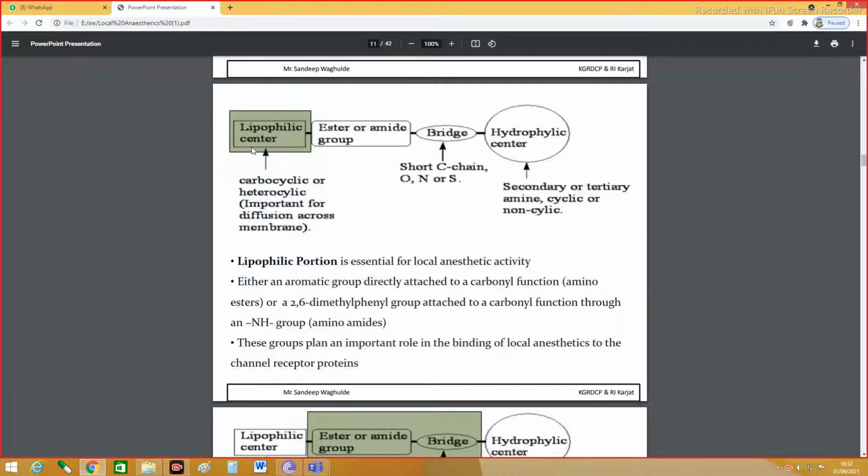The first part is the lipophilic center. As we have already seen, the lipophilic center should be carbocyclic or heterocyclic ring molecules, and it is important for the diffusion across the membrane.